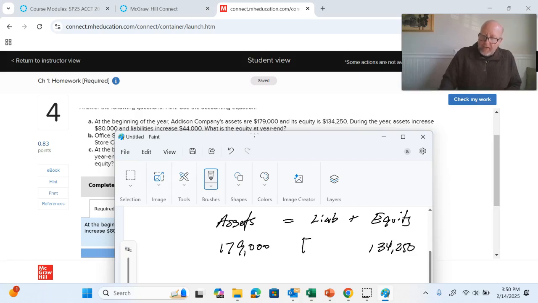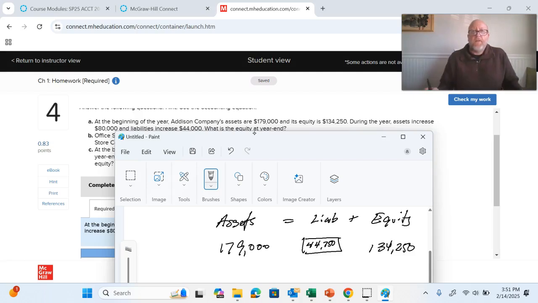Therefore, we can back into liabilities by subtracting equity from assets. So what is 179 minus 134,250? That's 44,750.